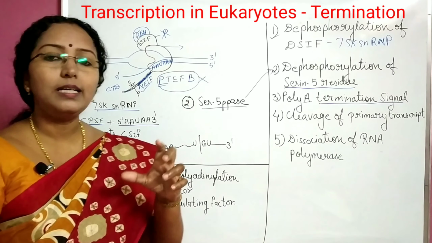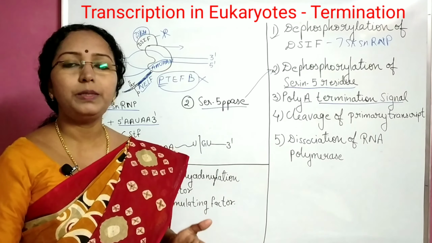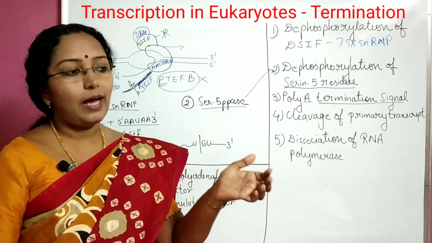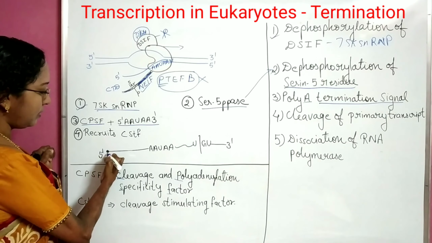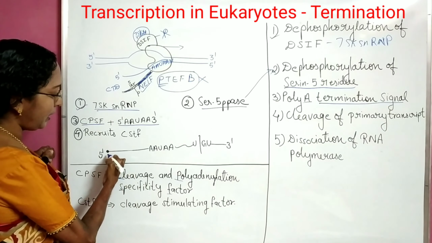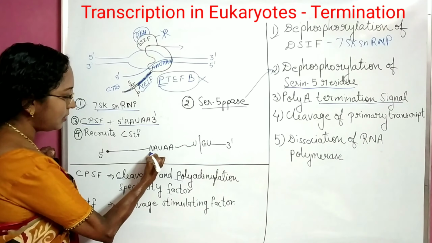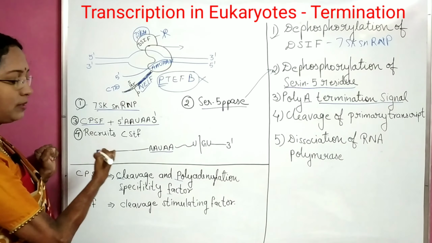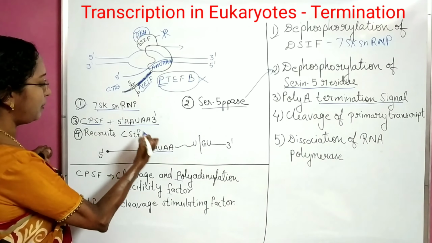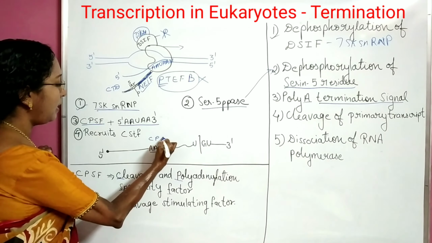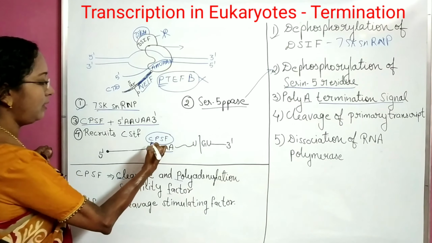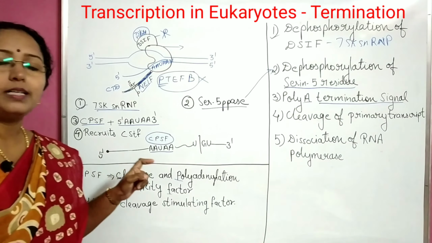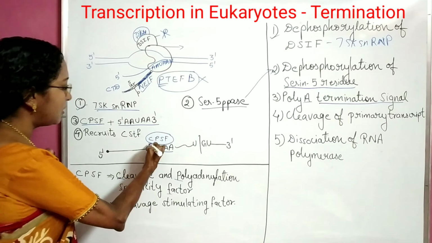So I can just put here, this is the growing RNA, this is the 5' end, it is growing, and this is the termination signal. To this signal, who comes and binds? CPSF. Cleavage and polyadenylation specificity factor comes and binds to this particular signal.